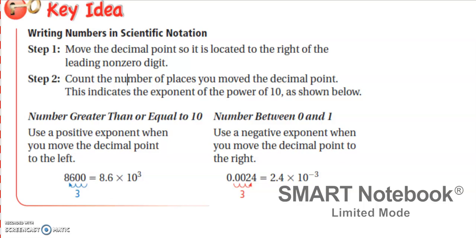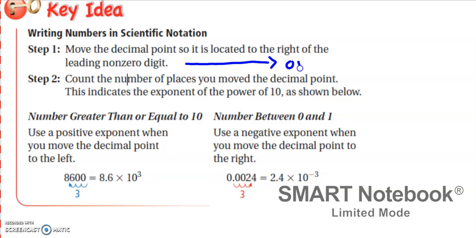Step 1, move the decimal point so it's located to the right of the leading non-zero digit. Pretty much what this says is place the decimal so that there's a ones digit and then the rest are decimal digits.